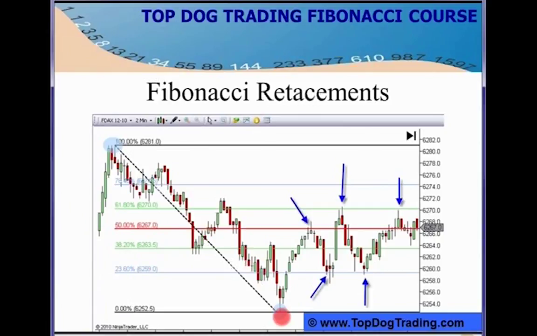If we go from here to here, and we retrace all the way back up to the origin of the move, we would retrace 100%, obviously. But if we retrace to this level, it'd be 23.6%, 38.2, 50, 61.8, 76.4, and those are the ratios.